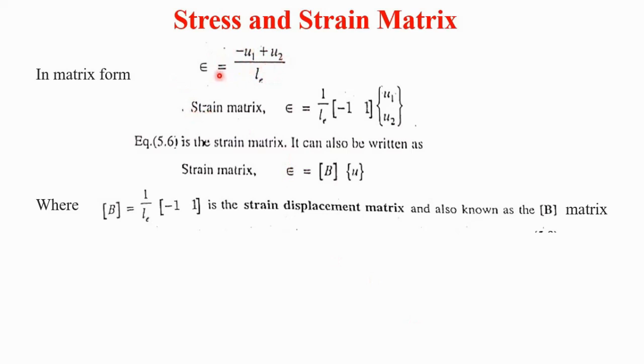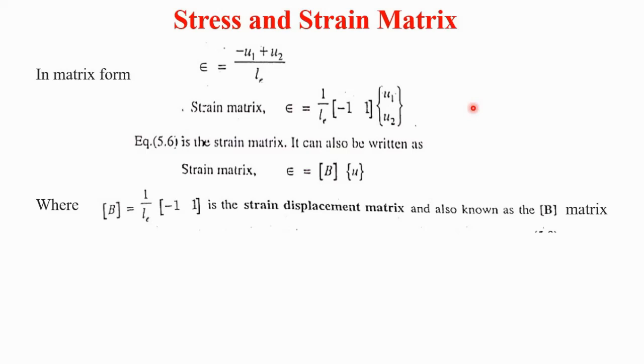Here le is constant, so 1/le is taken outside, then −u1 + u2. In matrix form, it is taken as [−1 1], and u1 and u2 are taken in the matrix. By multiplying this matrix we get −u1 + u2, divided by le. So the strain matrix ε is equal to 1/le into [−1 1] [u1 u2]. This is the strain matrix.